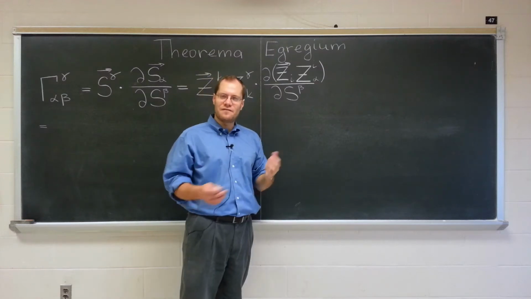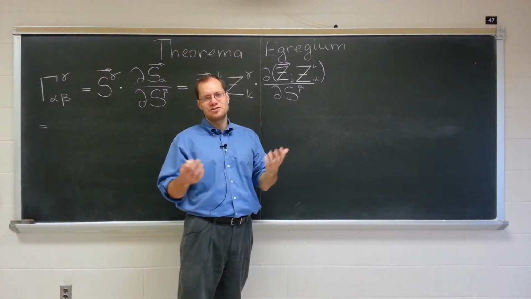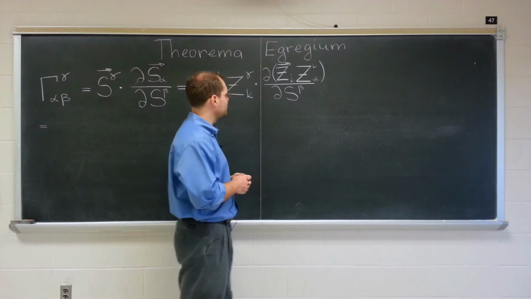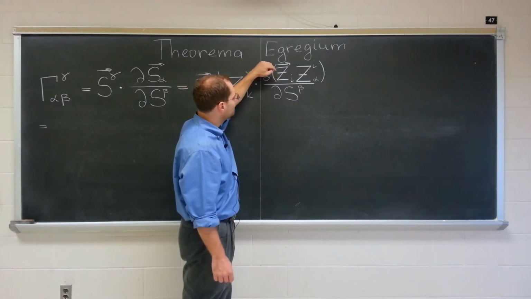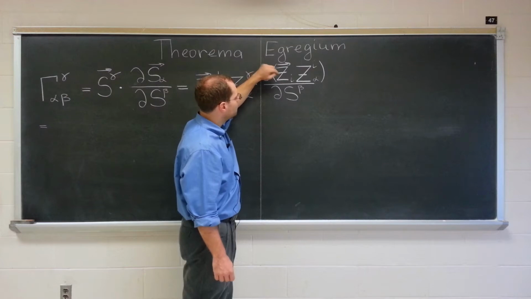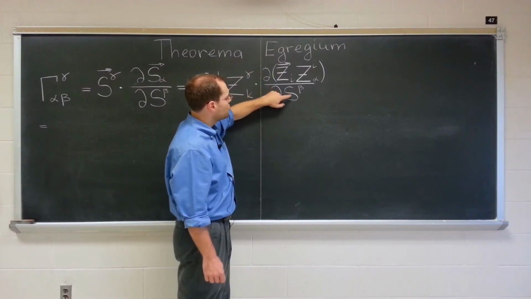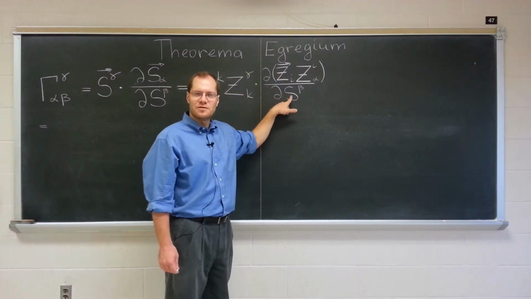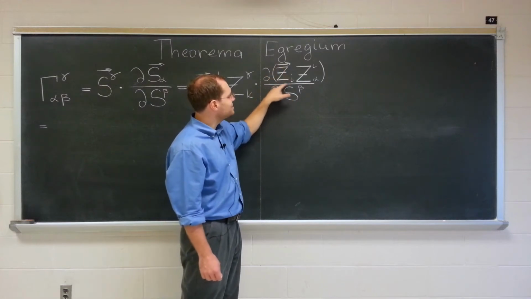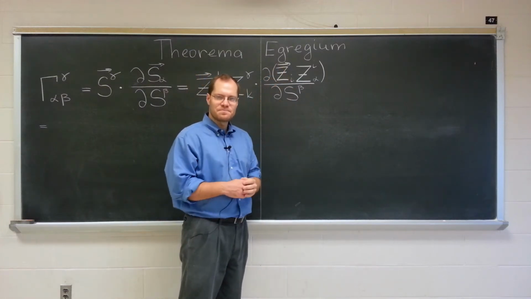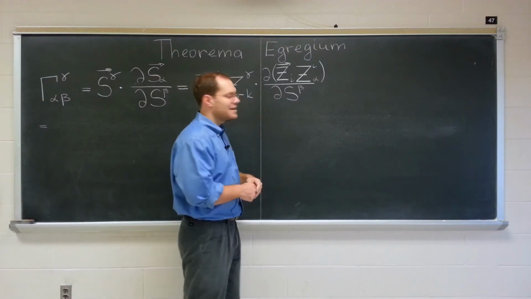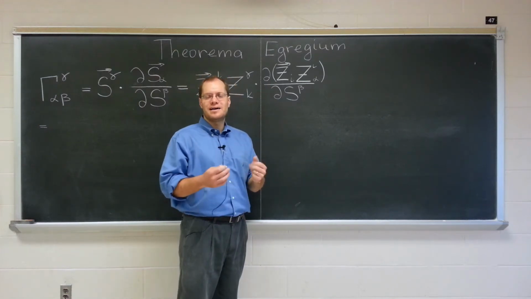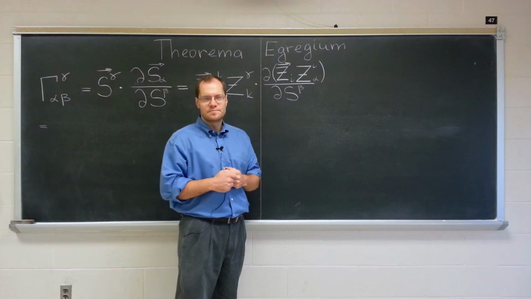After all, the Christoffel symbol is all about partial derivatives, not covariant derivatives. Okay, but the first term will be the derivative of the basis element with respect to the surface variable. And of course, this basis is defined in all of space. It can be expressed as a function of the ambient coordinates and then differentiated by the chain rule.